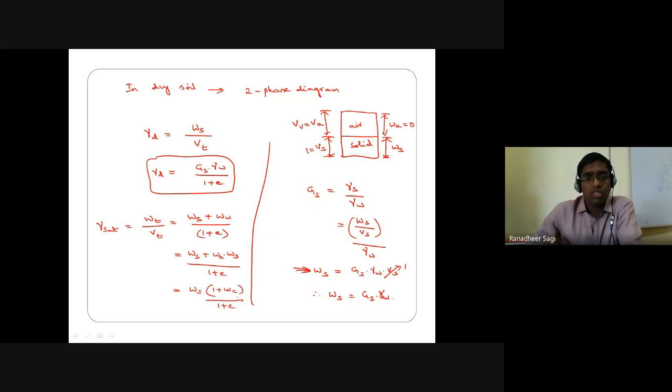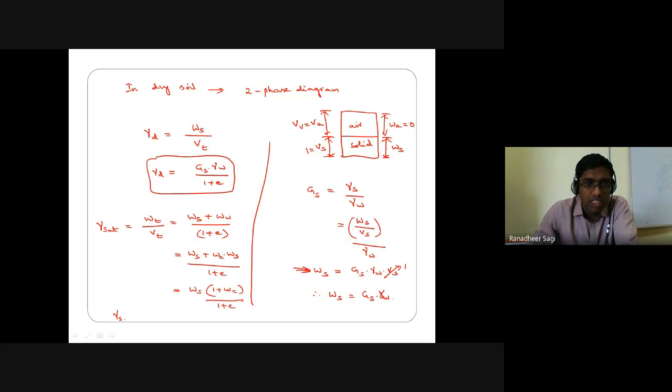In the same way, I can replace the water content: e into Sr divided by GS is what I can write as the water content, and the weight of soil solids I can write as GS into gamma W. Upon rewriting and readjusting the terms, you will get the expression for the saturated unit weight in terms of the specific gravity of soil solids, the void ratio, and subsequently the degree of saturation.